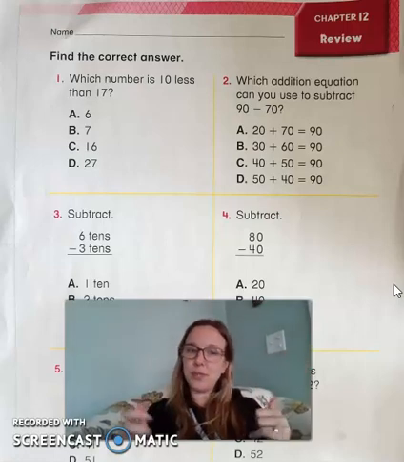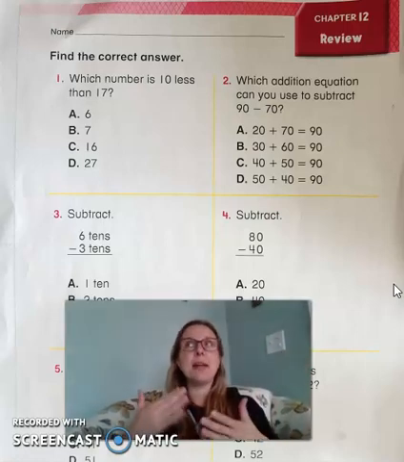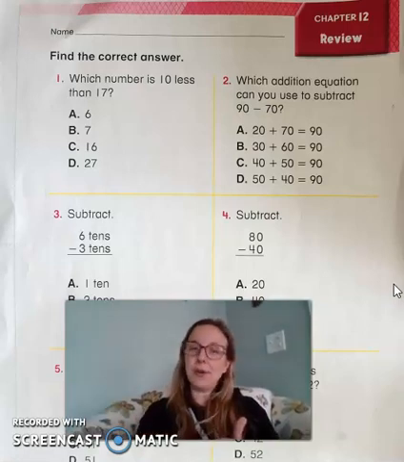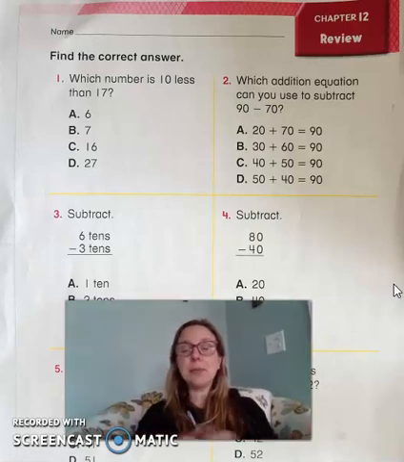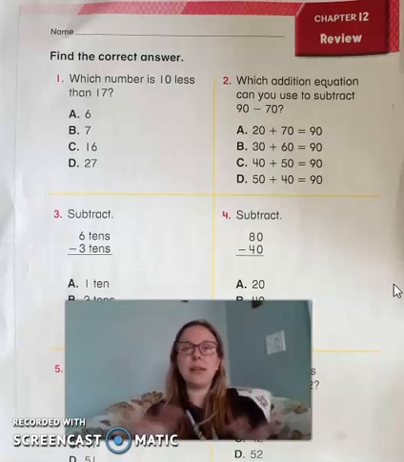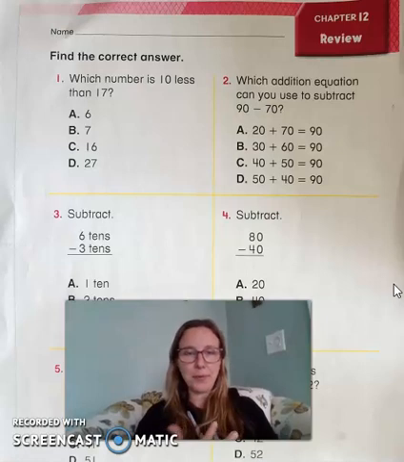So we'll go through this review together, we'll work through the problems, and then make sure you've got 3 days, Friday, Saturday, and Sunday, to go back over this, practice the problems, maybe have mom or dad give you some other sample problems, and really make sure that you have a good understanding for how to do all these problems, and you will do great on the test come Monday, okay?